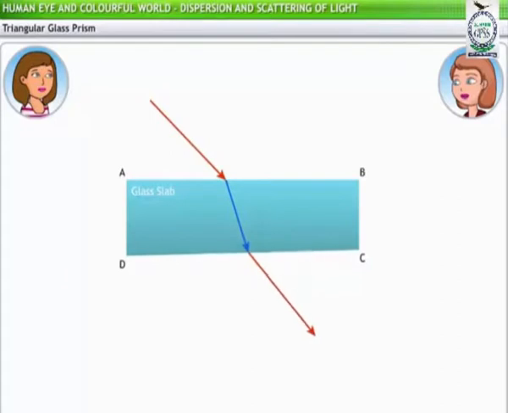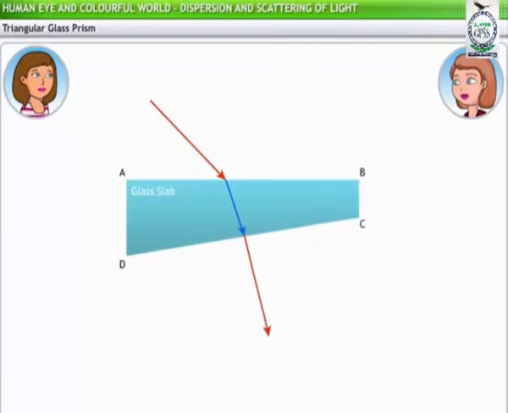We truncate the surface of the slab represented by CD, so that the cross-section now forms a trapezium as shown. As you can see, now the emergent ray is not parallel to the incident ray anymore. As we continue truncating the slab, the direction of the emergent ray keeps changing as shown.